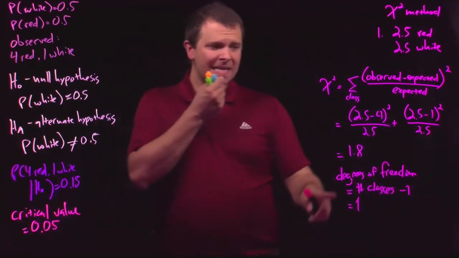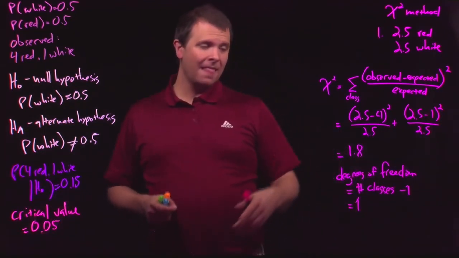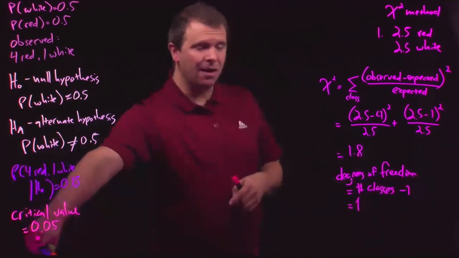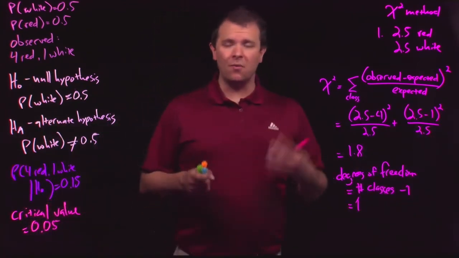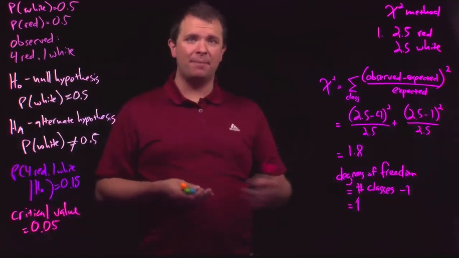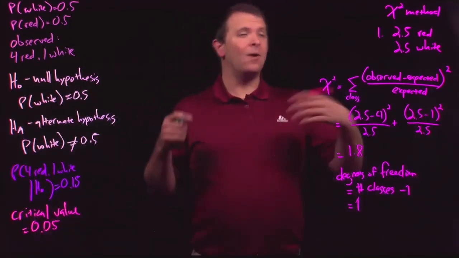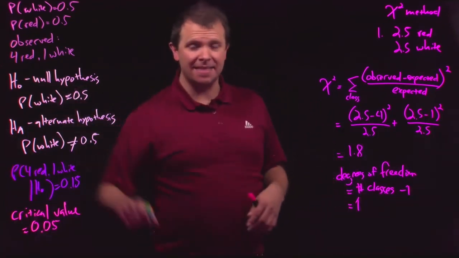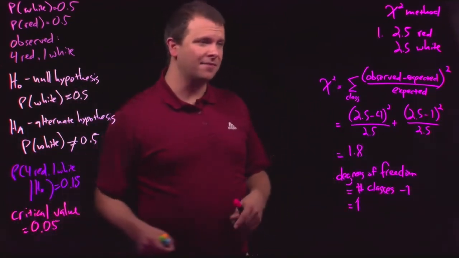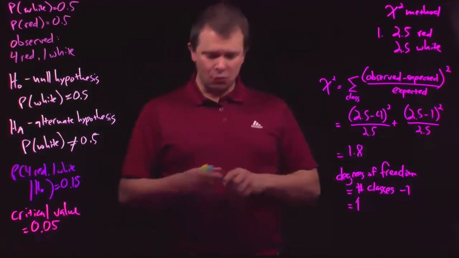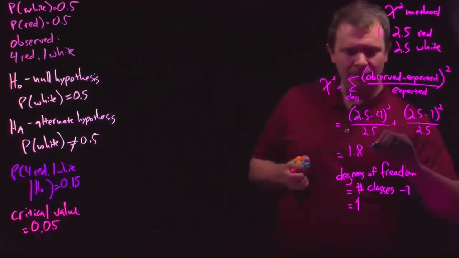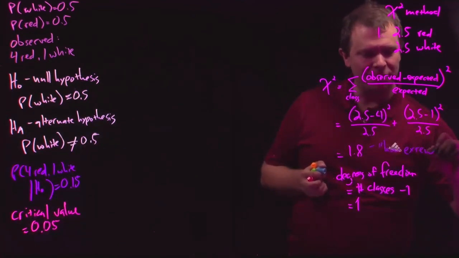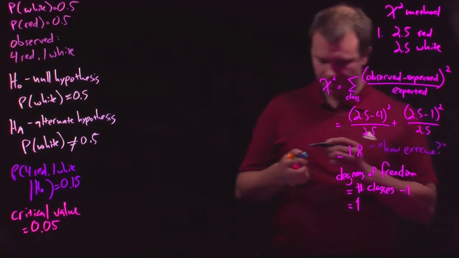And we look up on the chi-square table this critical value of 0.05. Remember, we're going to reject our null hypothesis if, when we do this a whole bunch of times, we find a value that is at least this extreme 5% of the time. Well, this chi-square number can be represented as how extreme this observation is.